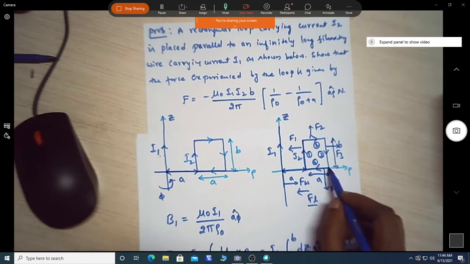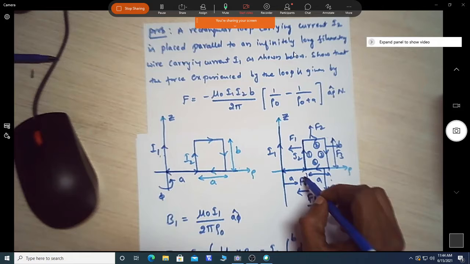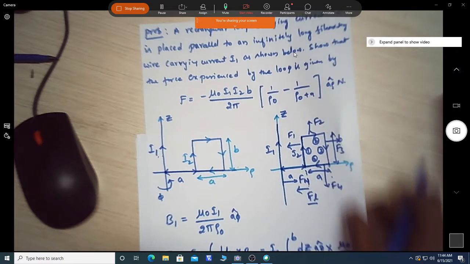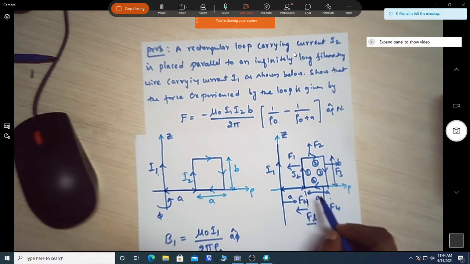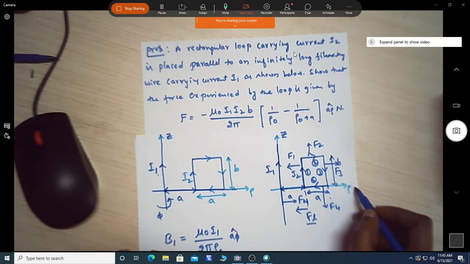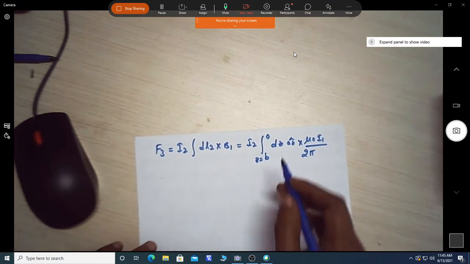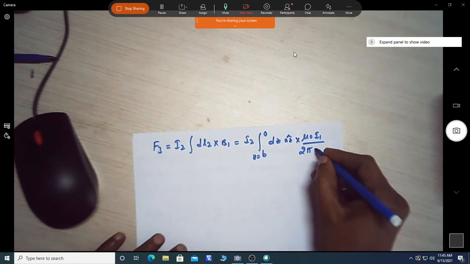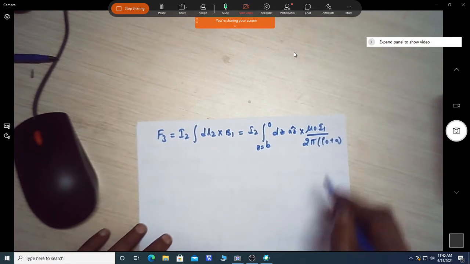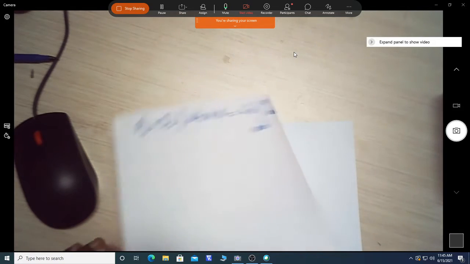So the starting point here is A. But again if I take this one, from this point it is at the distance A. So that we have rho naught plus A. So where we have the distance in terms of rho, if we calculate, that is rho naught plus A. So here rho naught is replaced by rho naught plus A, in the rho direction, where we have the additional A due to this distance. Okay. So now we can write that one.